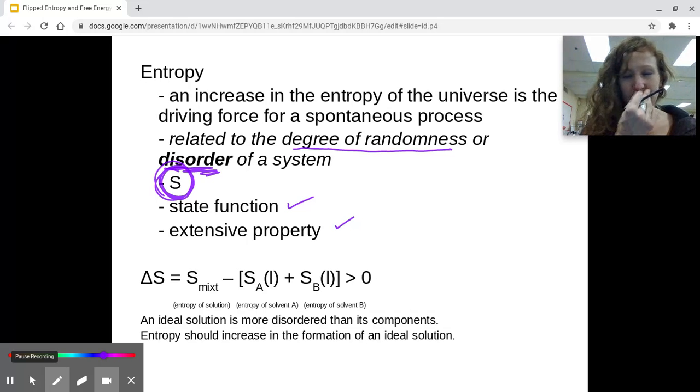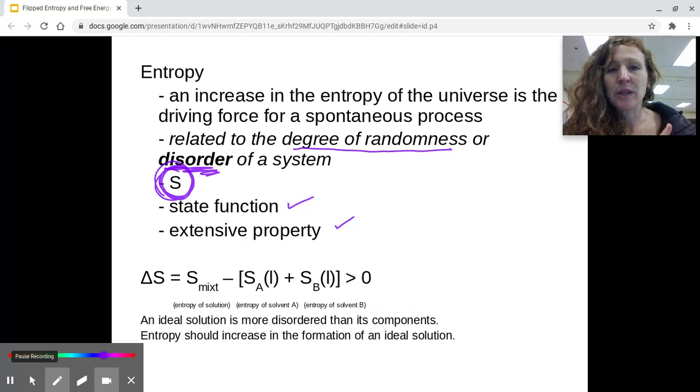Okay, so entropy also plays a role in the driving force for a spontaneous reaction. Again, like enthalpy, it's not the end-all be-all for spontaneity. Well, I guess before we talk about that, we should talk about how entropy functions.